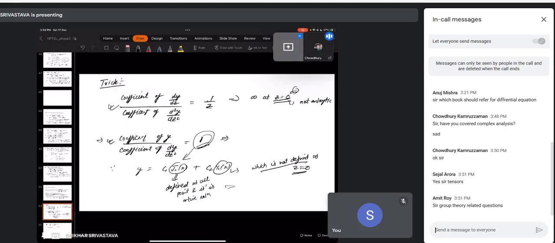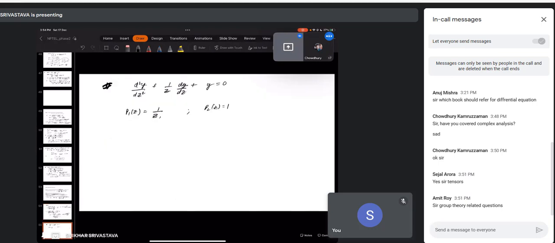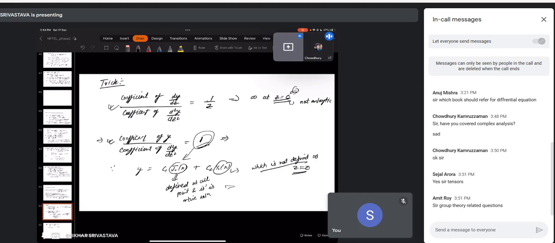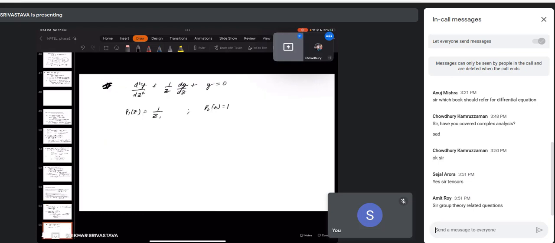Actually, p1 of z is the ratio of the coefficient of dy by dz to d2y by dz square, and p2 is the ratio of the coefficient of y, which represents p2 of z.